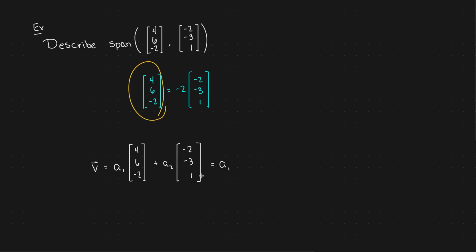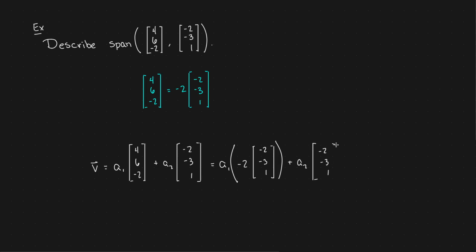But 4, 6, negative 2 is just negative 2 times negative 2, negative 3, 1. And if I factor out the common vector, I get negative 2a1 plus a2 times negative 2, negative 3, 1.